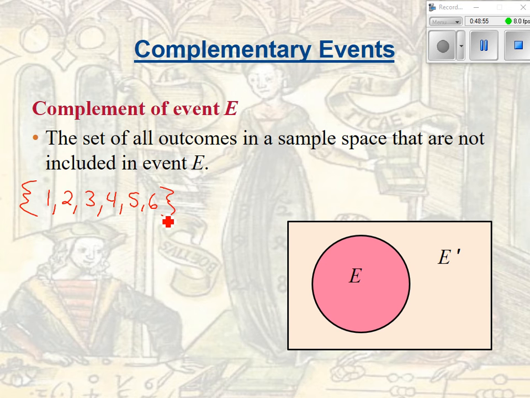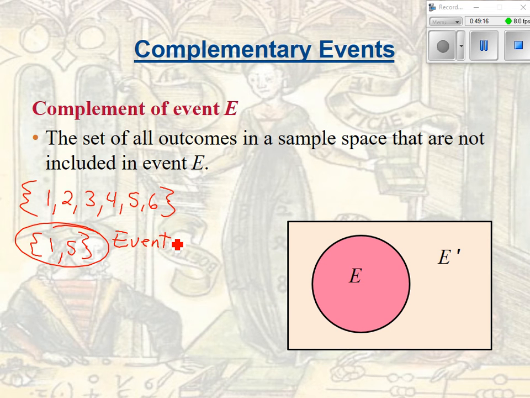That's our sample space. We're rolling a die. The event I want to happen is I want to get a 1 or a 5. So this is our event. That's what we want to occur.